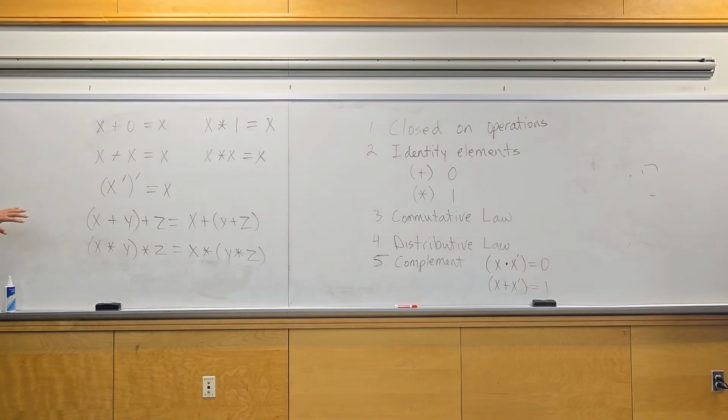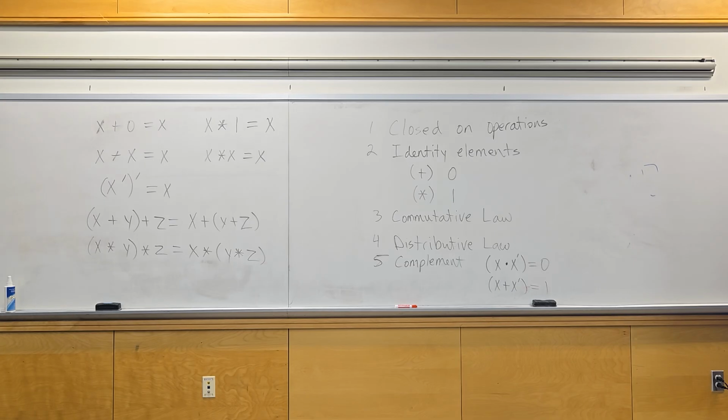No, this is the associative law. No, this is the identity, and this is a simplification. This is double negative. This is the associative law. I'll have to get back to you. I thought the book had the names of those first few.